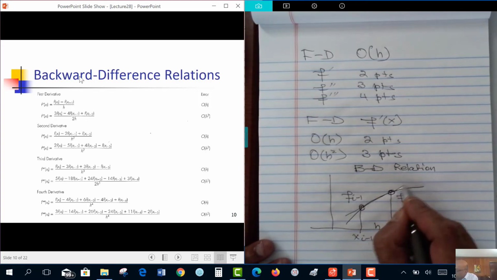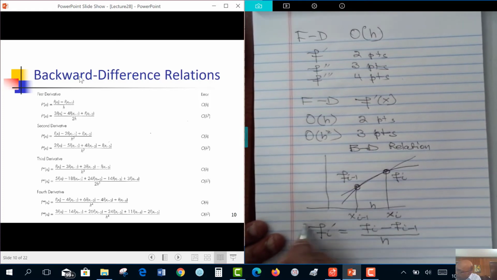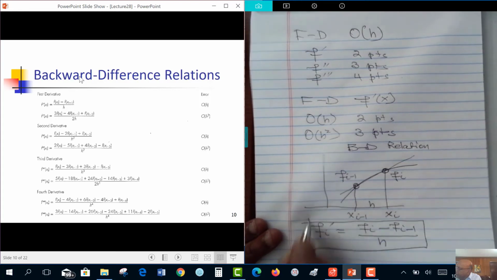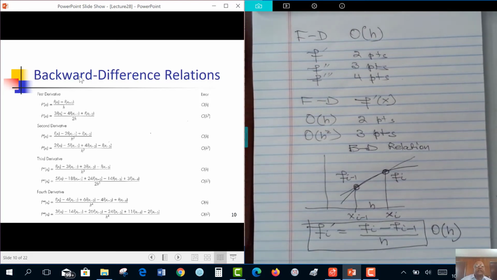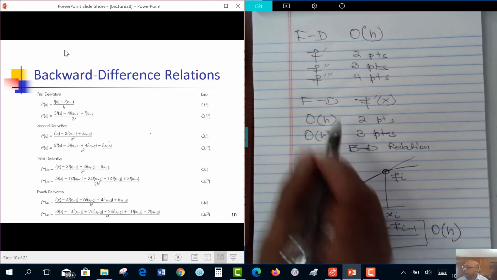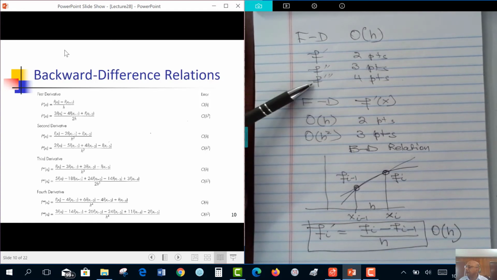We connect these two with a straight line. So we get our first derivative is (fi minus fi minus 1) over h, and this is an order h relationship. So you can see backward difference relationships follow the same ideas. First derivative requires 2 points, second 3 points, third 4 points, and so on. Higher orders require 1 extra point.